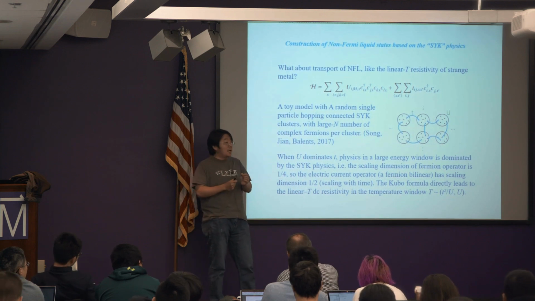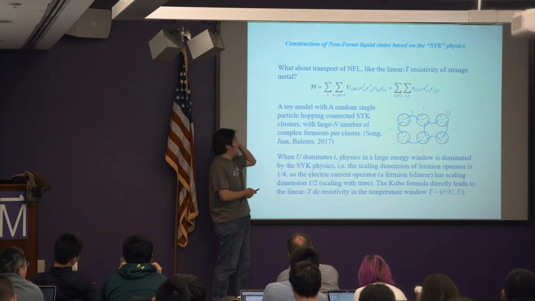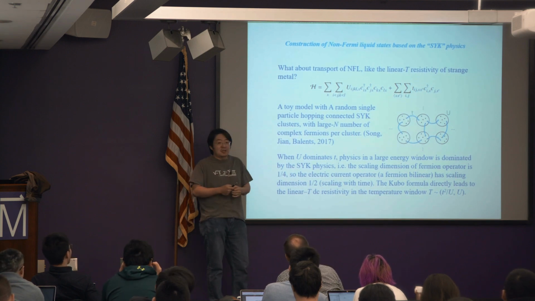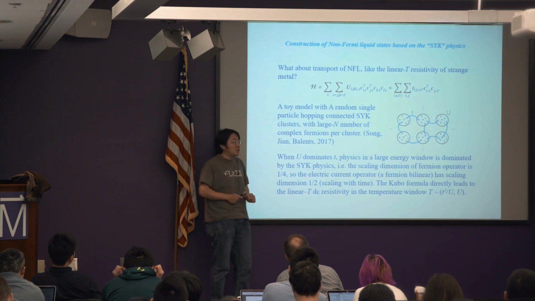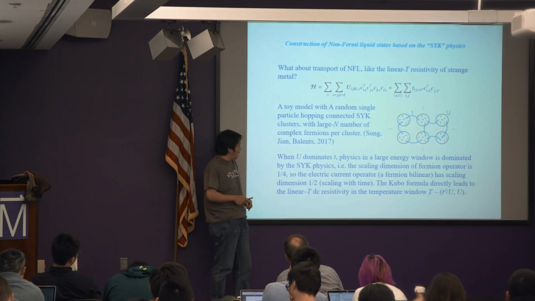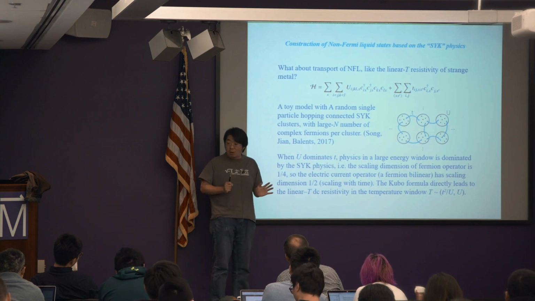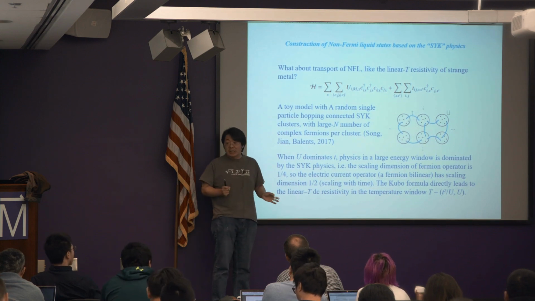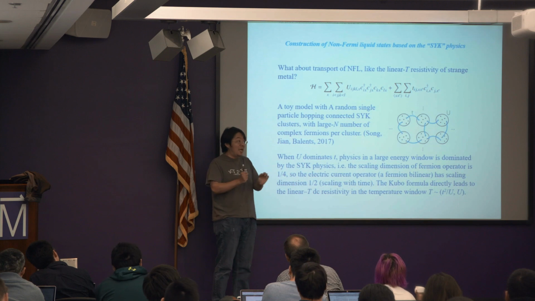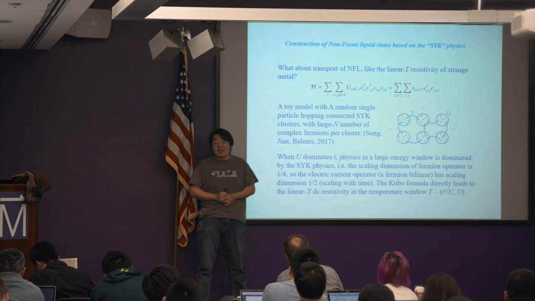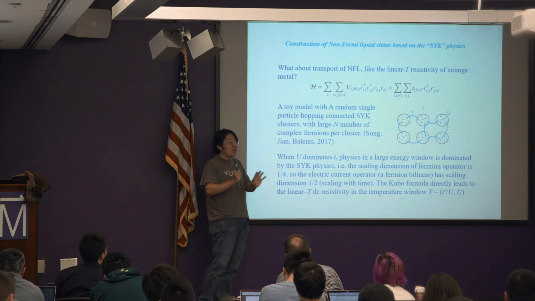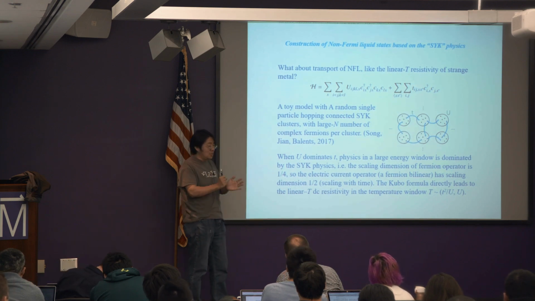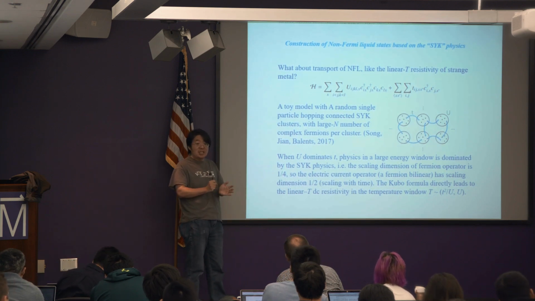It turns out that the conductivity is just the current correlation divided by frequency. Based on this, just by very simple power counting, you will see that the DC conductivity will scale with temperature linearly. If you start with the SYK solution and do power counting, you expect the resistivity to scale linearly with temperature.